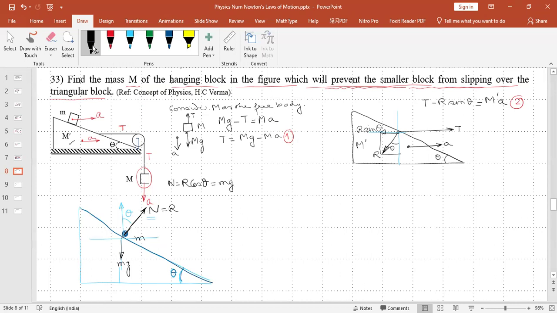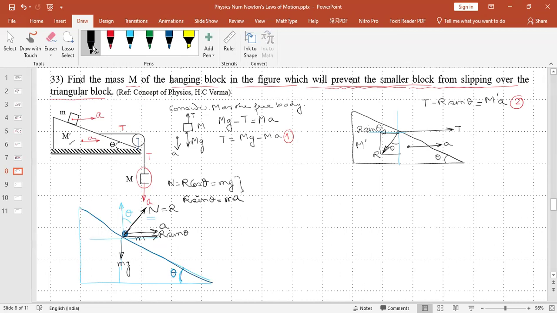And the horizontal component R sin theta maintains its acceleration of A. Therefore, R sin theta equals m A.